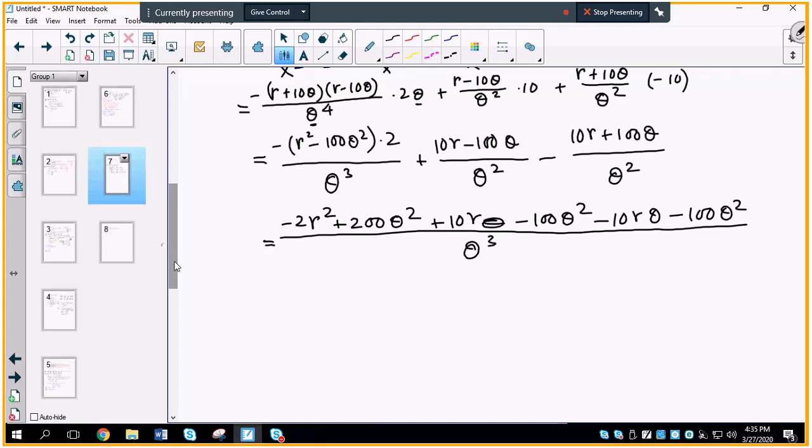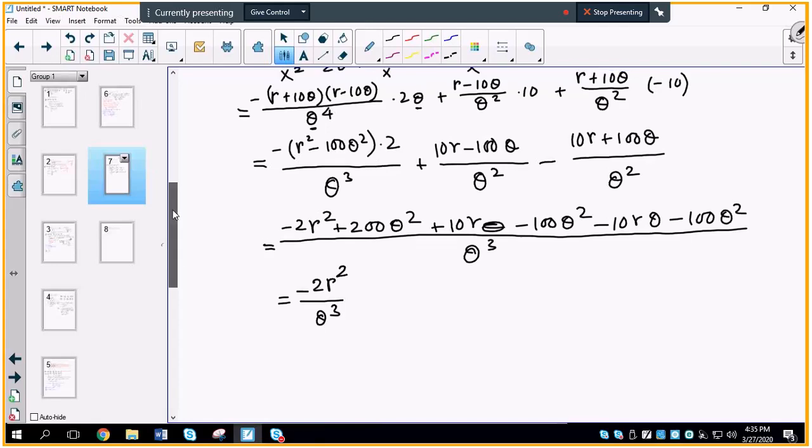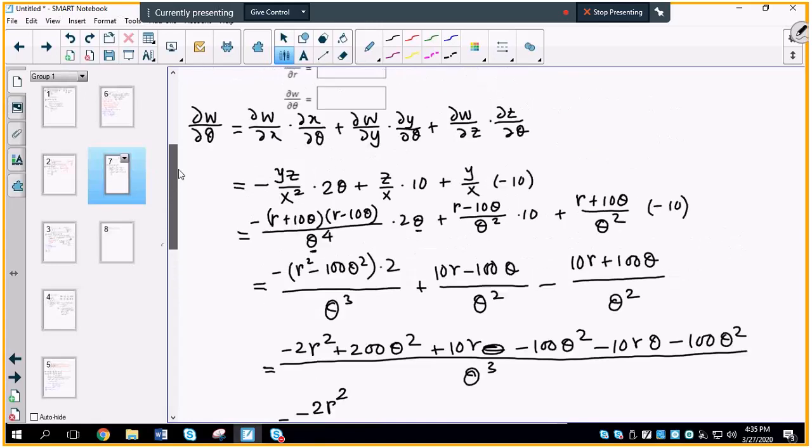So the 10r theta and minus 10r theta will cancel each other, and I will get minus 2 times r squared, and you have 200 theta squared minus 100 theta squared minus 100 theta squared, so cancel, over theta cubed. So that is the derivative, minus 2r squared over theta cubed.